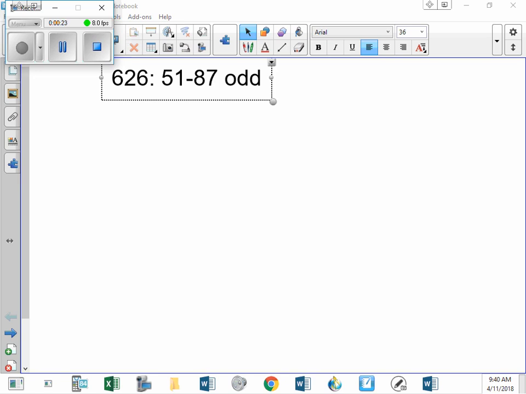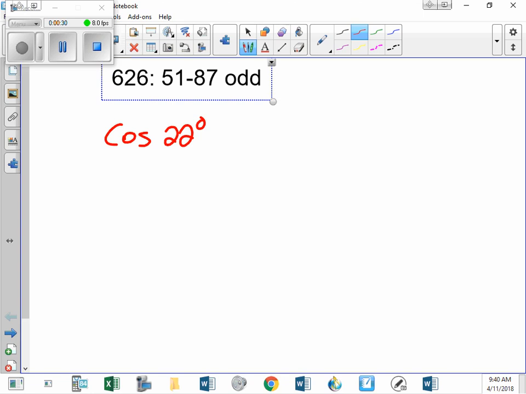So, if I had the cosine of 22.5 degrees, that is not on the unit circle, right? But is that angle half as big as some angle that is on the unit circle? Yes.